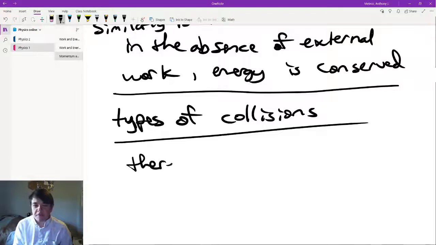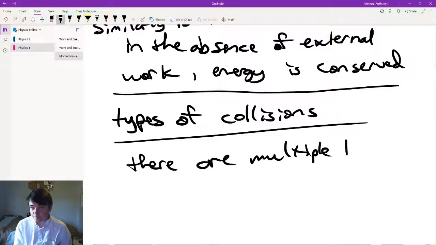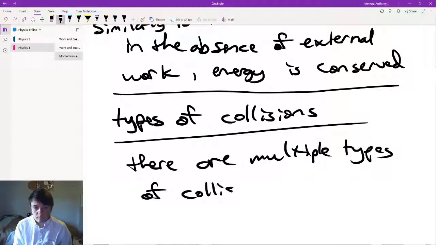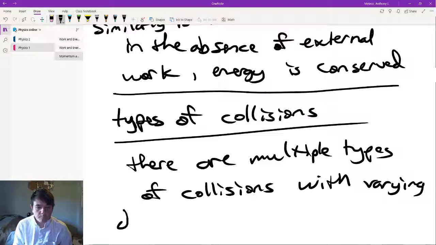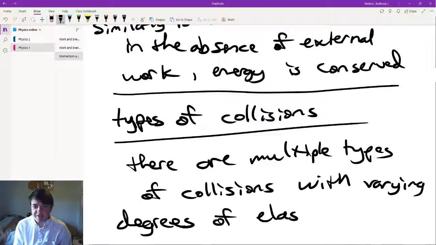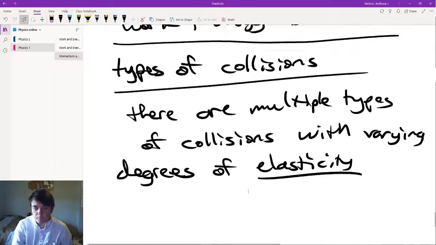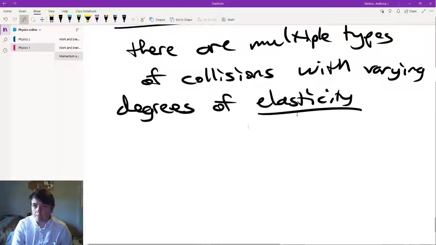The reality is there are multiple types, and they all have varying degrees of elasticity. We'll talk about what that is. In this class, I'm just going to talk about two.